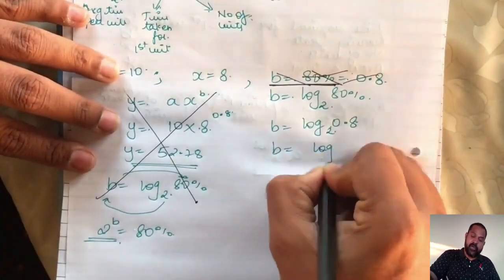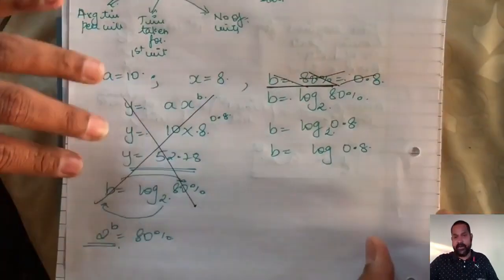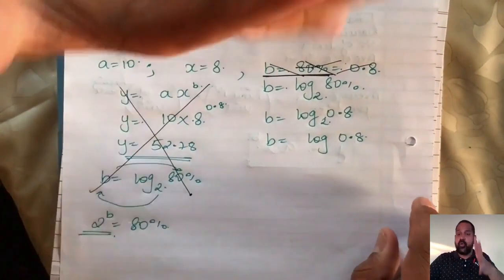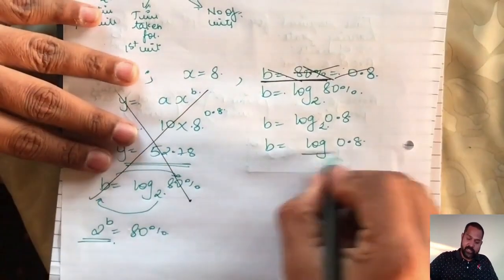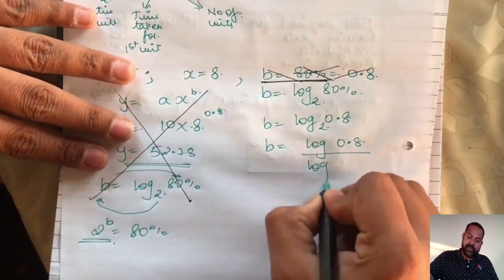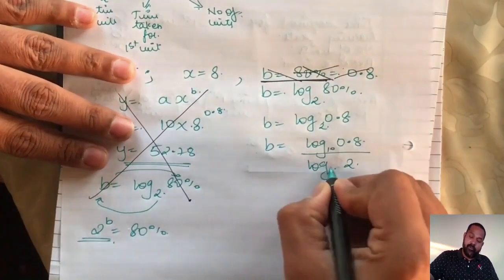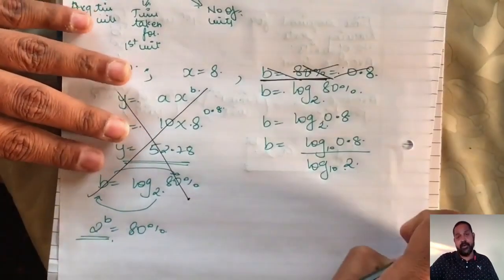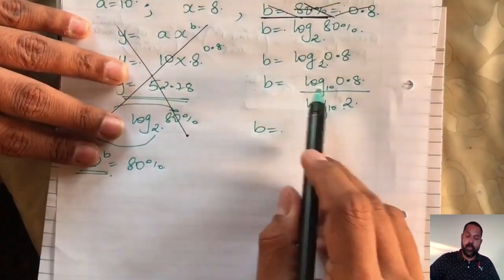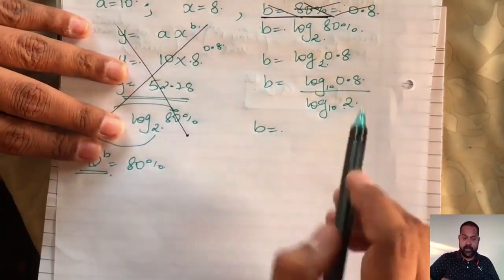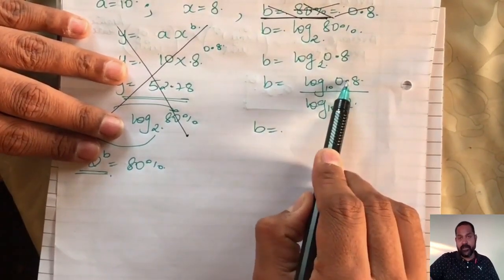B becomes log of 0.8 to the base 2. Now see, log to the base 2 I cannot find. So what am I going to do? I am going to change the base. Log 0.8 divided by log 2, and both are to the base 10. Why? Because I know logs to the base 10. B is log of 0.8. How many places before the decimal?